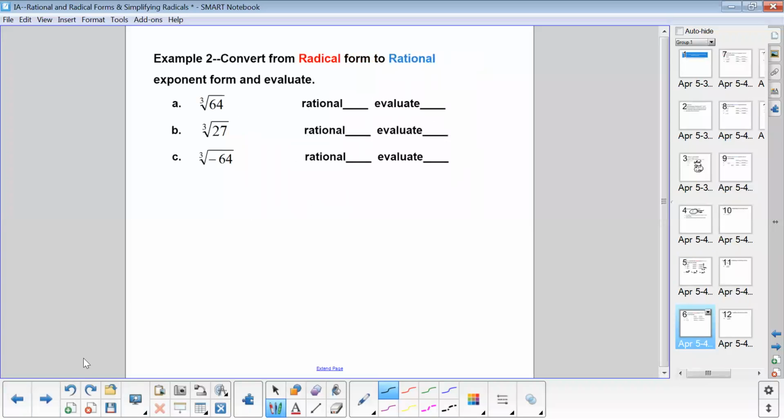So look at the next. We're looking at our root. Notice our root would be the third root. So we would say 64 to the 1/3 power would be the rational form for part A. For part B, we would have 27 to the 1/3 power, and C, we would have negative 64 to the 1/3 power.